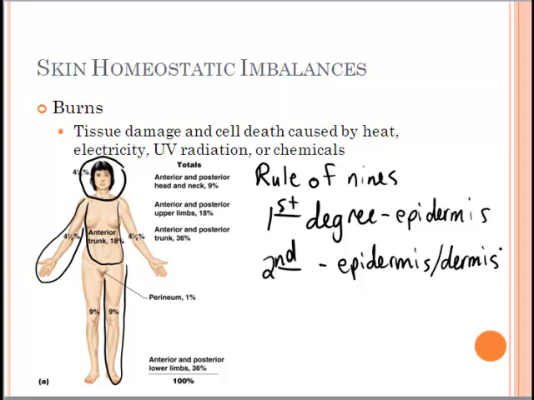Blisters are formed between that layer of epidermis and dermis. Remember, we had this thin layer of epidermis sitting on a larger layer of dermis. It looks something like this. In this area between the epidermis and dermis, this is usually connected together.